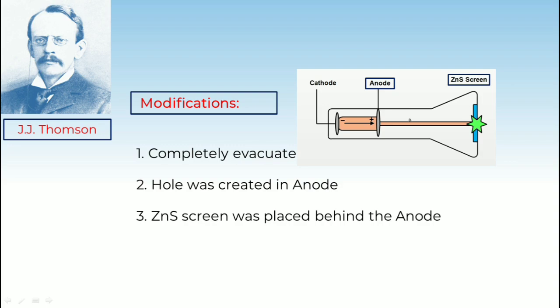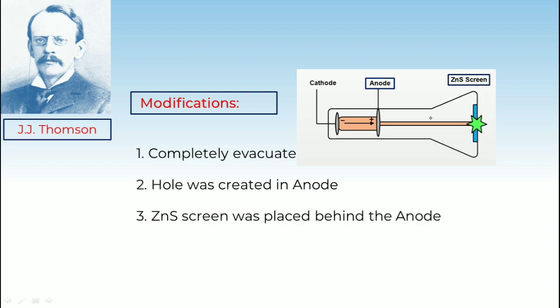When the rays flow straight from the negative end to the positive end, this fluorescent screen starts shining. From that we can see the energy and that they are moving in a straight line.